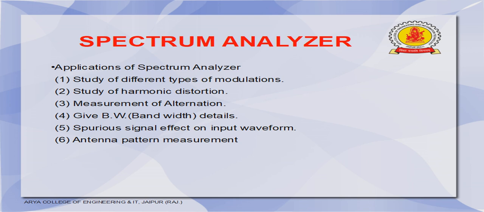There are various applications of the spectrum analyzer, or various fields in which we can use it. Firstly, we can study different types of modulations. We can also study harmonic distortion and measure attenuation.